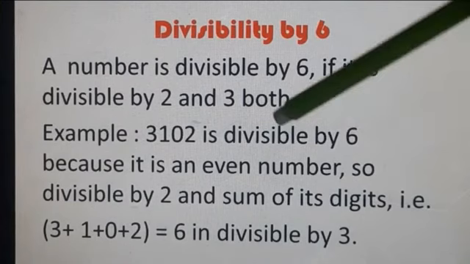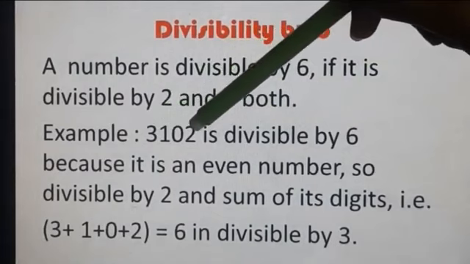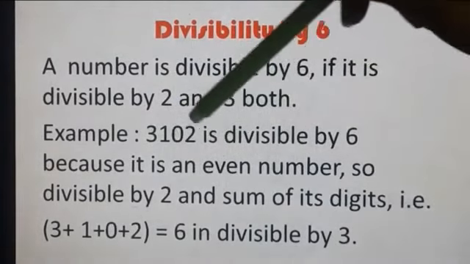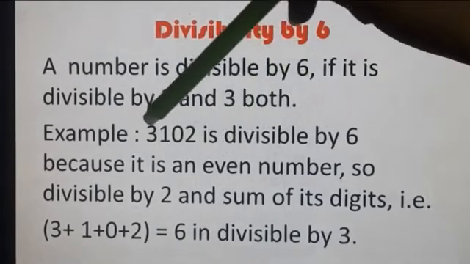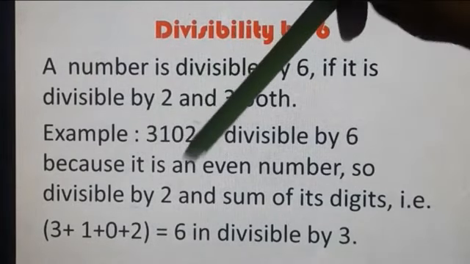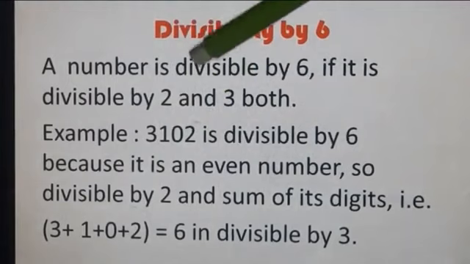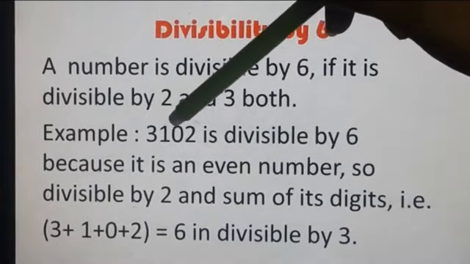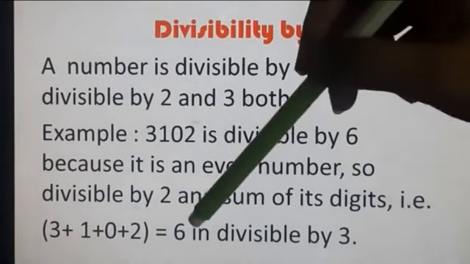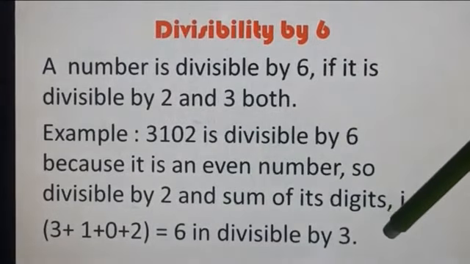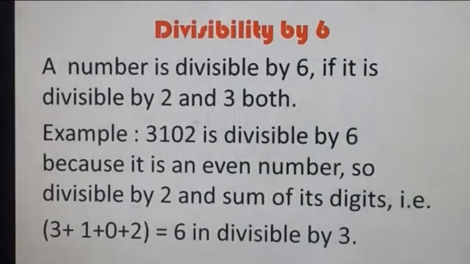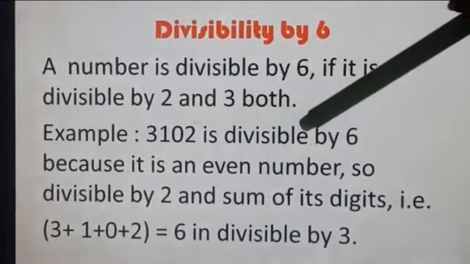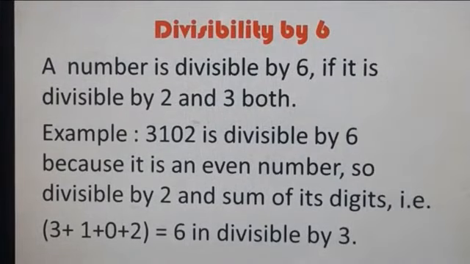So this example, 3102 is divisible by 2 because its ones place contains 2. And now for checking the divisibility rule of 3, we add the digits. 3 plus 1, 4, 4 plus 2, 6. 6 is divisible by 3. 6 is a multiple of 3, right? So the given number 3102 is divisible by 6.